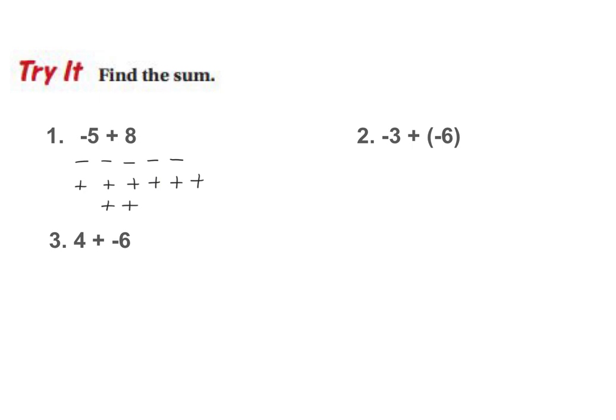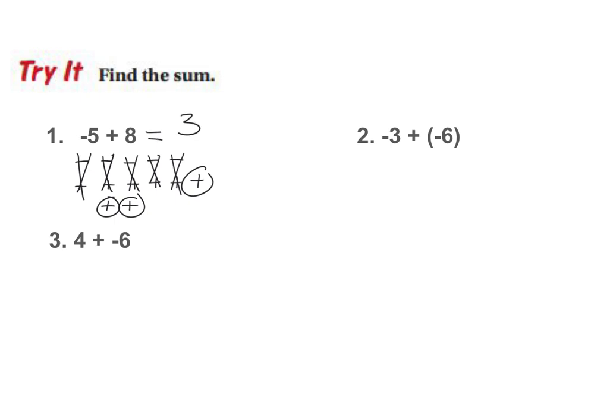Again, just like last time, we go through and cross out all of our pairs that cancel each other out. There's 1, 2, 3, 4, 5, and left over are 3 positives. So I would say -5 plus 8 is +3.